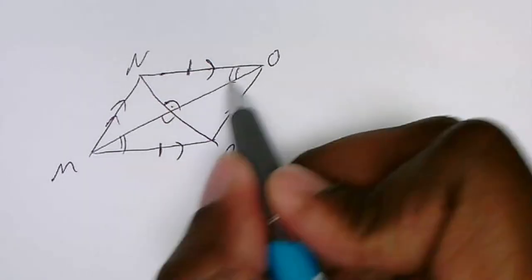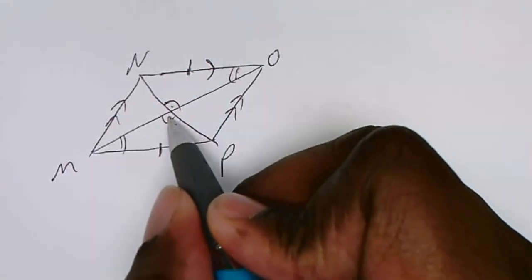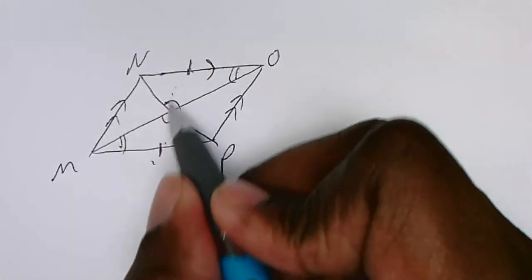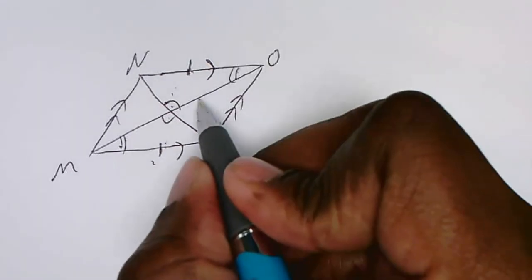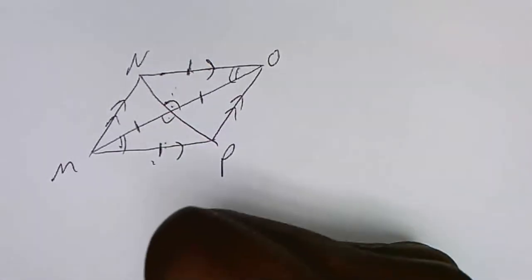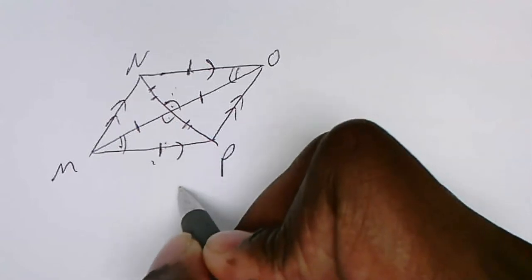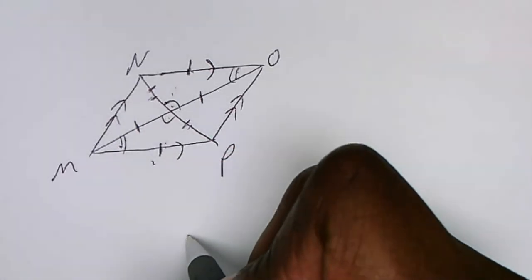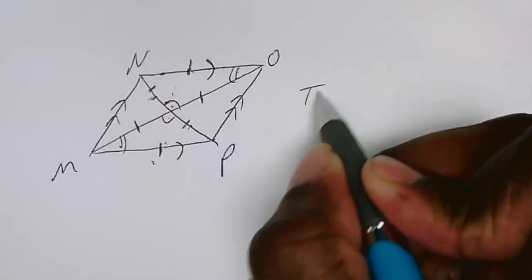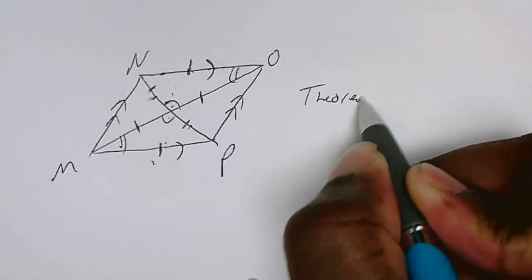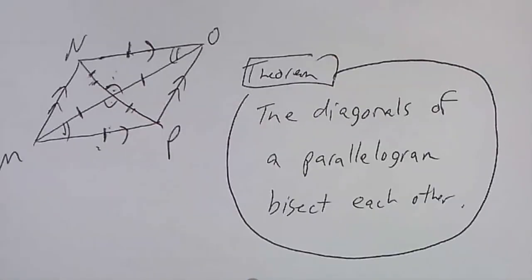So angle, side, angle makes these two triangles congruent, making this corresponding part and that corresponding part equal. So we can prove that the diagonals split each other in half, or bisect each other. So another theorem: the diagonals bisect each other.